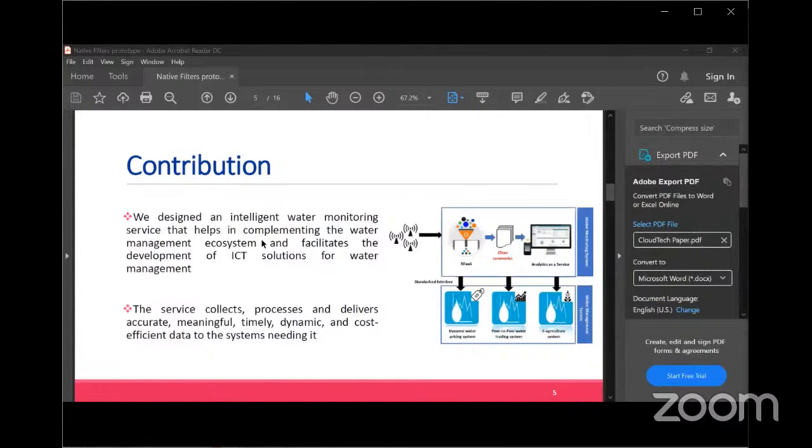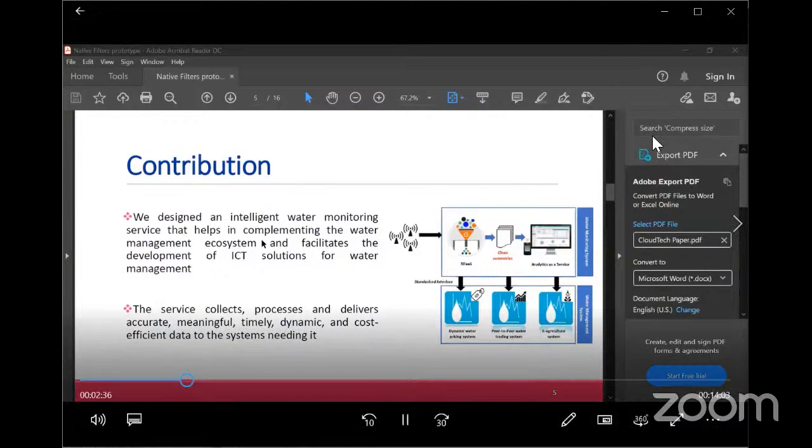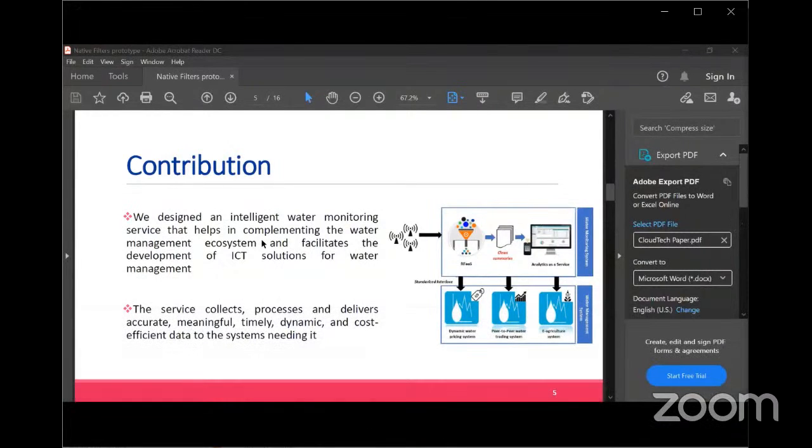To do so, we propose in this paper a new cloud service that offloads the complexity of the central monitoring system with all its overheads to the cloud. This service supports new business models and an ecosystem that can be created around the generated data while providing water network operators with a plethora.